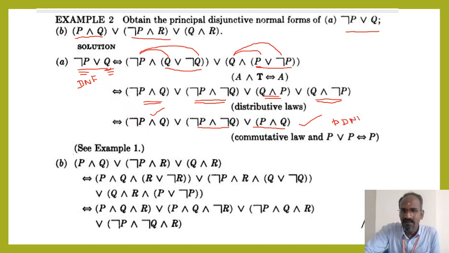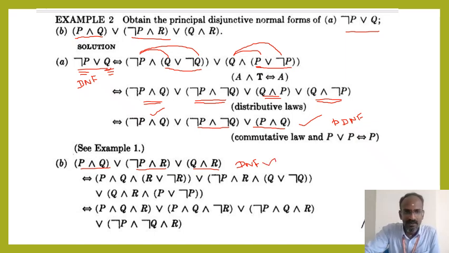Next, the second problem: P and Q, or negation P and R, or Q and R. Already these three terms, P and Q, negation P and R, Q and R, are in disjunctive normal form, because these three terms are min terms, and the sum of products of the min terms is called a disjunctive normal form.